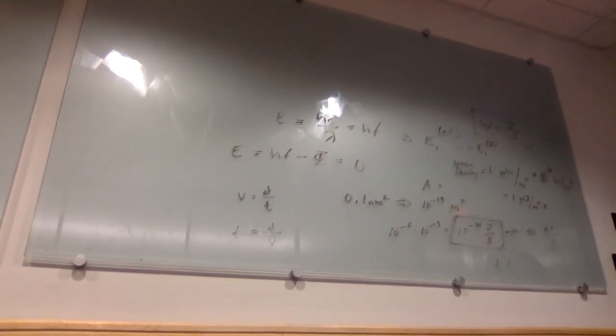Actually, yeah, you want to transmit the maximum amount of energy to the electron. If you had 0 degrees, if it just kept going, that's transferring 0 energy to the electron.